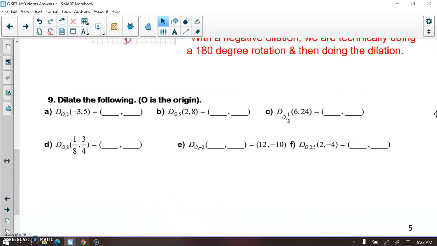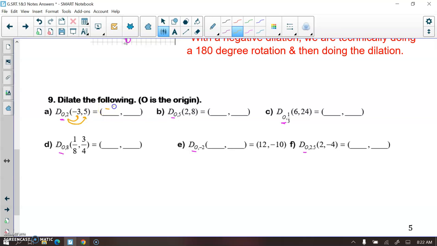Okay. So number 9, all of these we're doing with the center of dilation at the origin. So all we need to do is multiply. So for letter A, I would multiply both the -3/2 and the 5/2 by the scale factor.